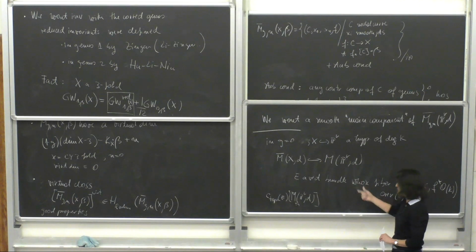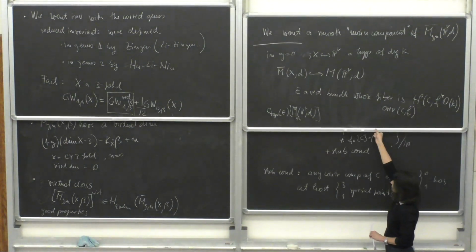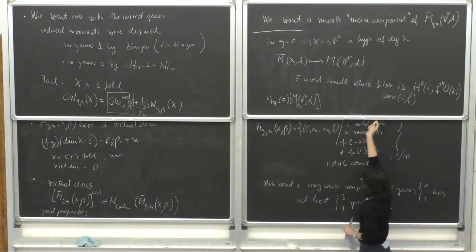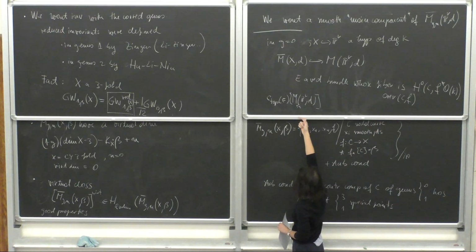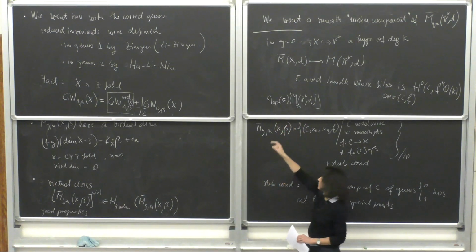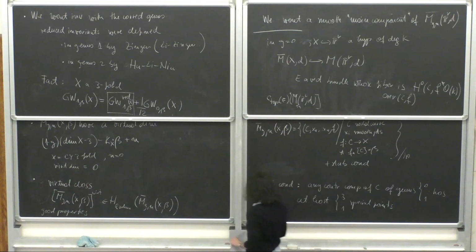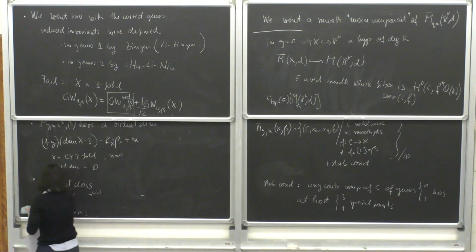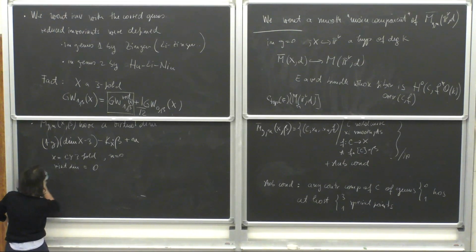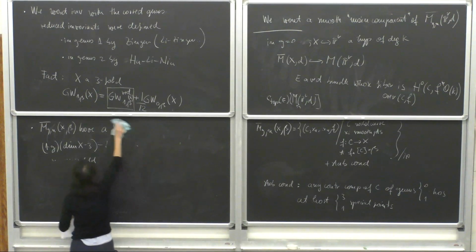So what you want, ideally, is a smooth main component. Maybe you don't need that, but you definitely need this to be a vector bundle.